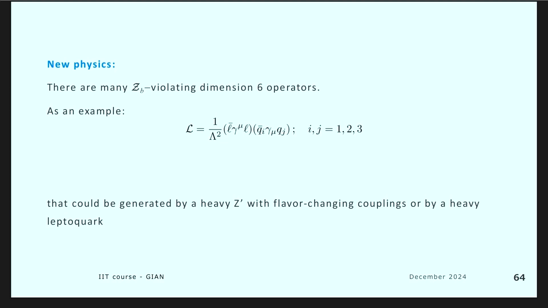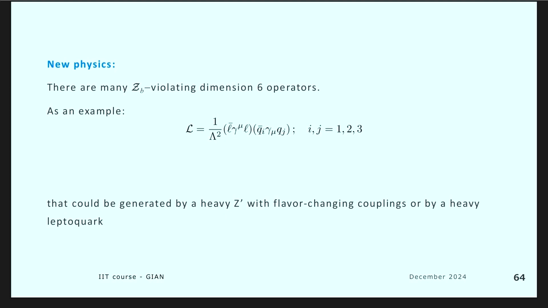So this would violate this Z_B symmetry because the operator has a single object in the third family, assuming this is in the first or second family. Okay? I think we took the first family.